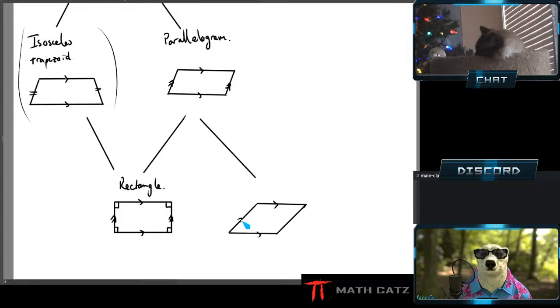So there's still a parallelogram, special kind of parallelogram, that all the sides are the same. And then we get our rhombus. So different ways to go from the parallelogram.